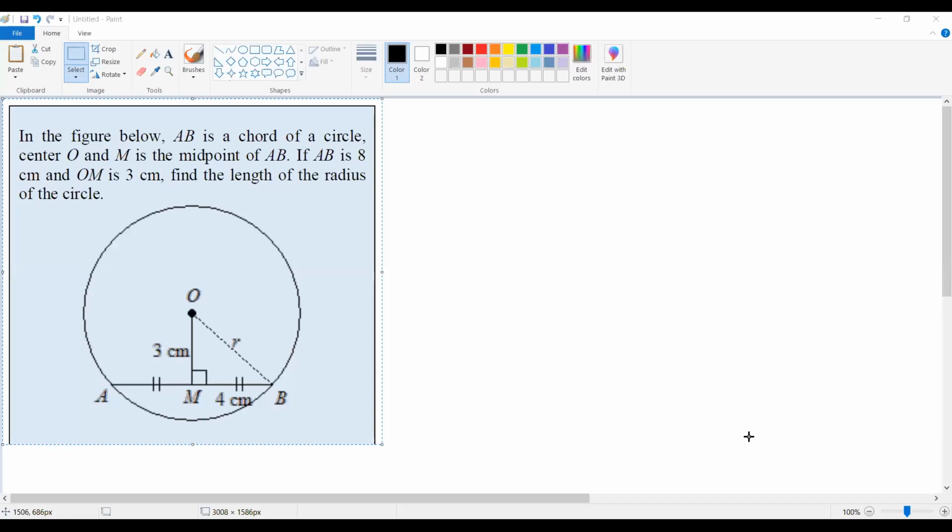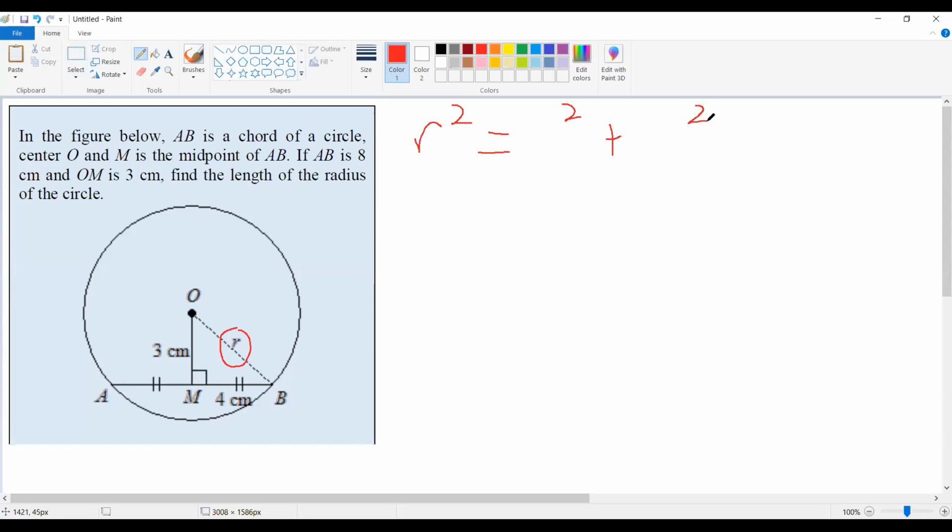Okay. So as you all could see here, we are given a circle and we have to find R. Now R is basically the hypotenuse. And we know the square of the hypotenuse is equal to the sum of the squares of the other two sides.